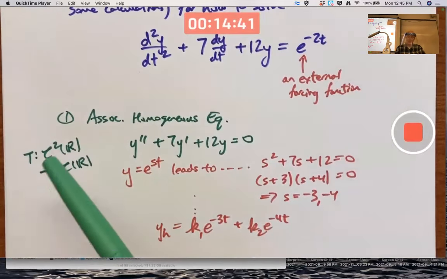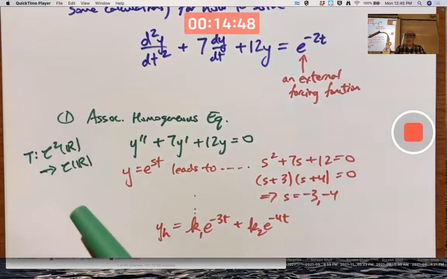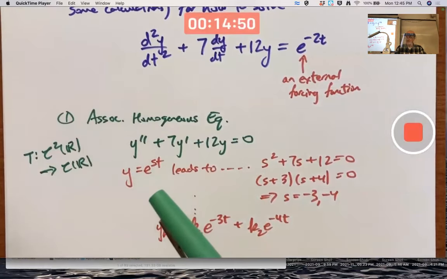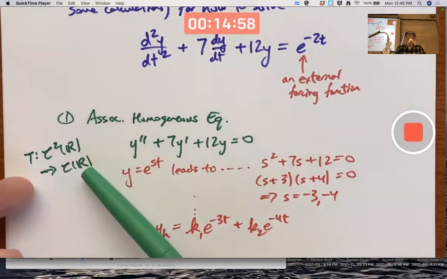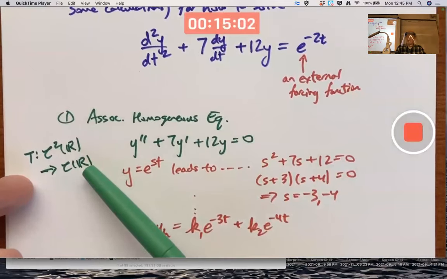Why does it have to go from C2 to C? Because we're differentiating. We could lose the ability to take another derivative, for example, if we're only assuming twice differentiable, not assuming 3 times continuously differentiable. Our outputs for this linear transformation are in general not necessarily differentiable, but they will be continuous.